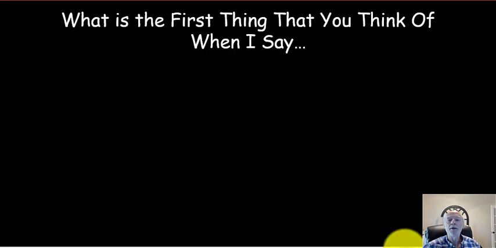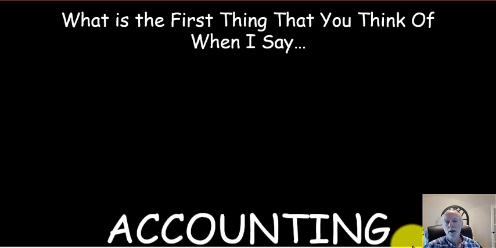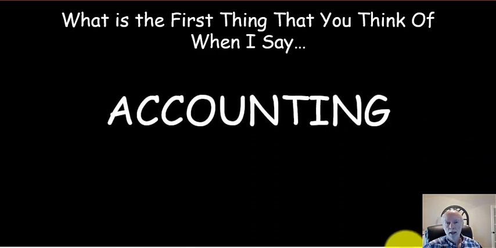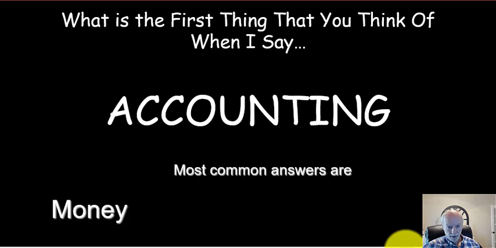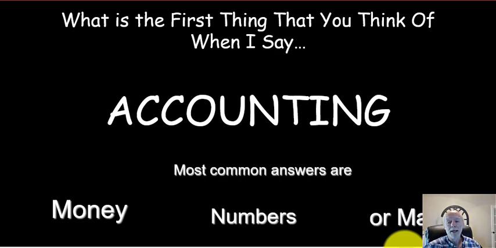So, what's the first thing you think of when I say the word accounting? I do that in all my live classes. And what I usually get are these three things. I usually get accounting is money, or accounting is numbers, or accounting is math. It's a little bit of these things, but it's not really what we're going to shoot for in this class.